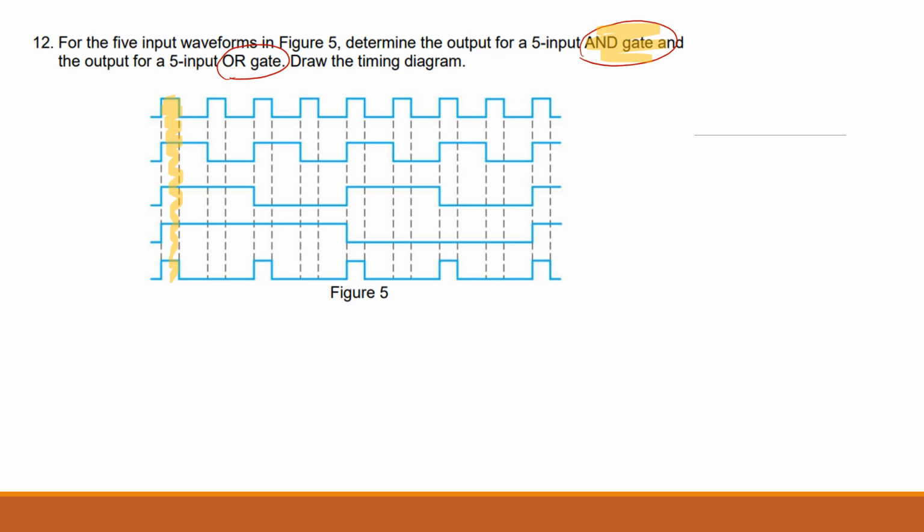There, where else? Here. Is that all? That's all, isn't it? So for AND gate, it should be like this. How about OR gate?